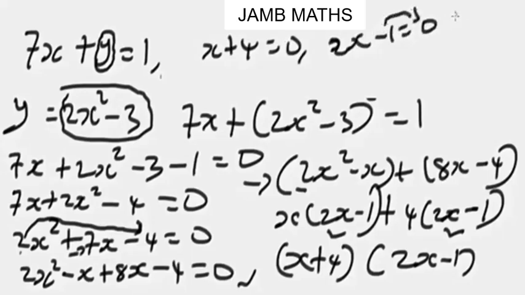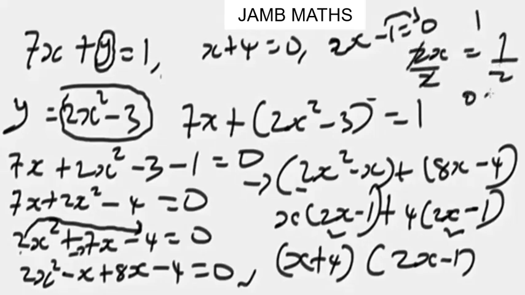This 1 crosses over, changes to 1. So we're going to have 2x equals 1. To make x the subject of the formula, divide both sides by 2. So our x is 1 over 2 or 0.5. And our x will also be, this 4 crosses over, changes to negative 4. Okay, so x will be negative 4 or 0.5.